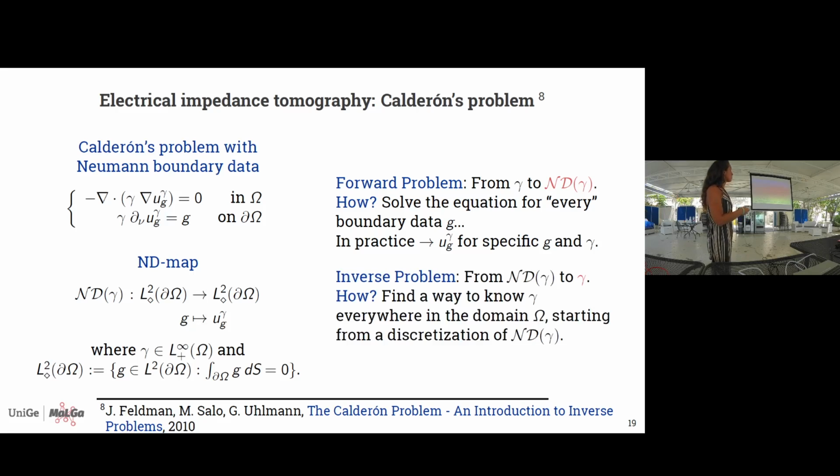While the inverse problem is, from the Neumann to Dirichlet map computed at gamma, we want to find gamma.